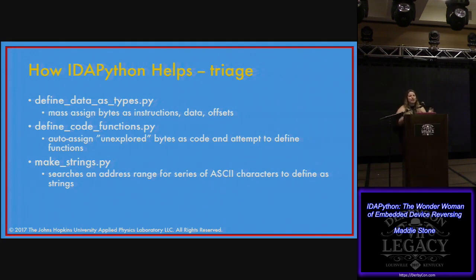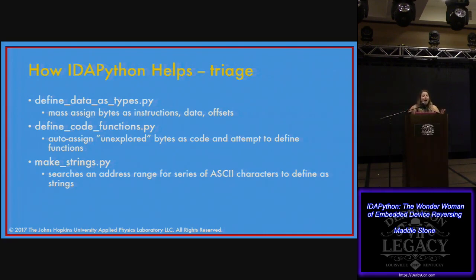The last one is make strings. When you see a block of area that is all strings and don't want to go through it manually, you can say, look for ASCII, they should be at least this long, they have these characters, they should end with one of these characters, and define anything you find that matches those requirements.